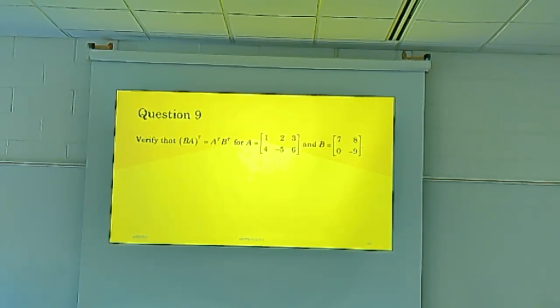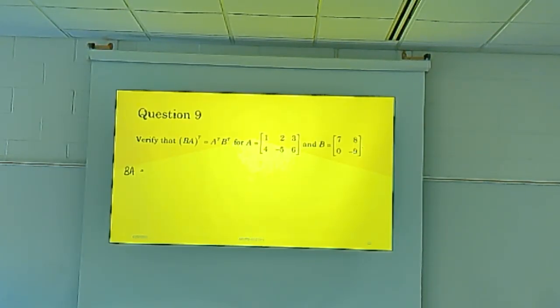So how do we have to tackle this? Let's look at the left-hand side first. We first want to find B times A, and then take its transpose. What is the size of B? 2 by 2.